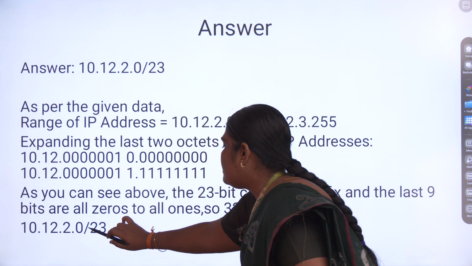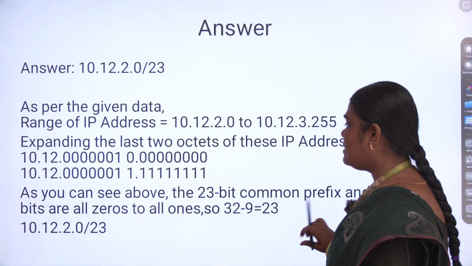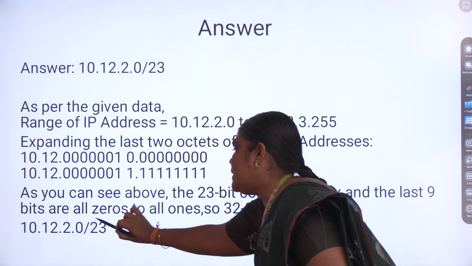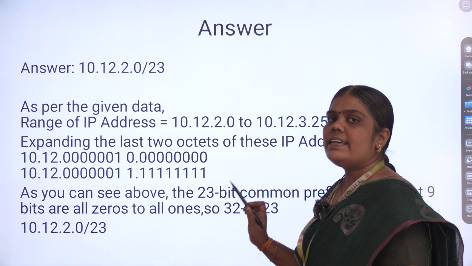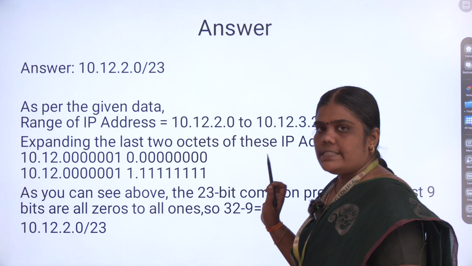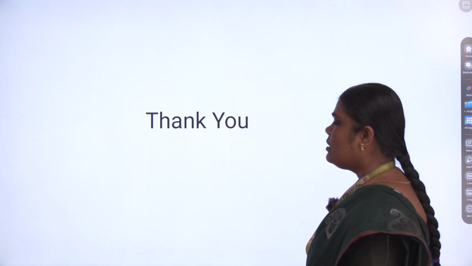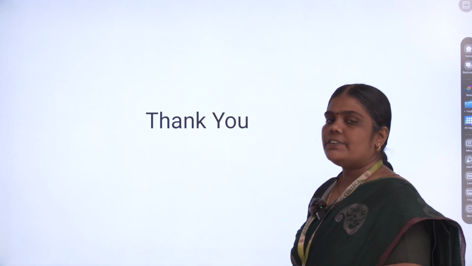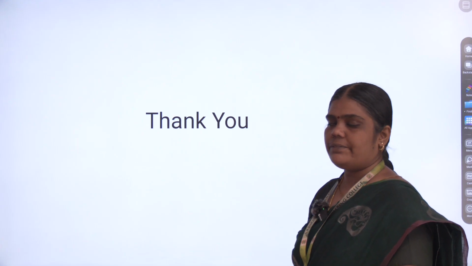So we can write this in /23 notation. This is known as CIDR notation. /23 denotes the CIDR notation. A slash followed by the network ID bits denotes the CIDR notation. Thank you. We can see further topics in the next GATE video sessions.